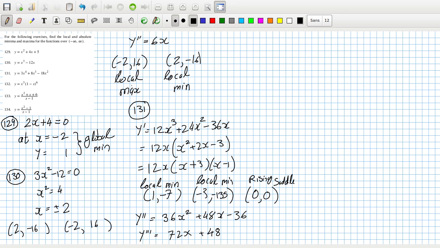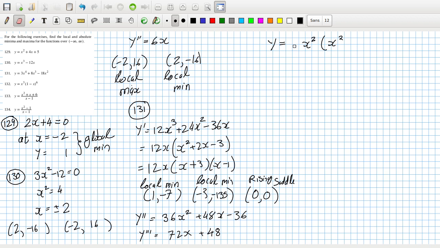Could we get any lower than this? Let's see what we can do here. y equals 3x squared, x squared.